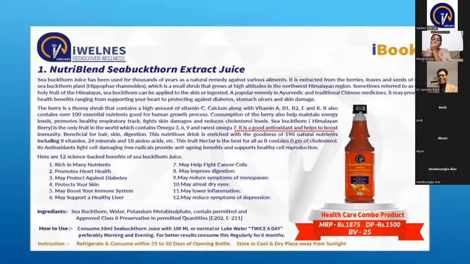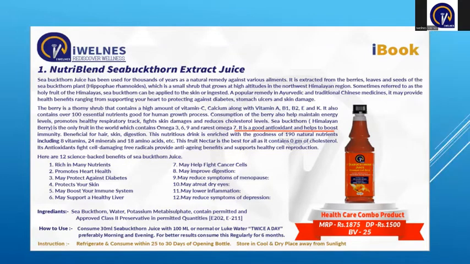And apart from this, the omega-3 will also act as an antioxidant in certain places. Omega-3, 6, 7, 9, not all, but one of the antioxidants to solve the problem of the free radicals.